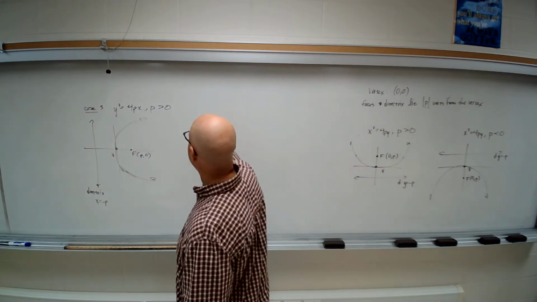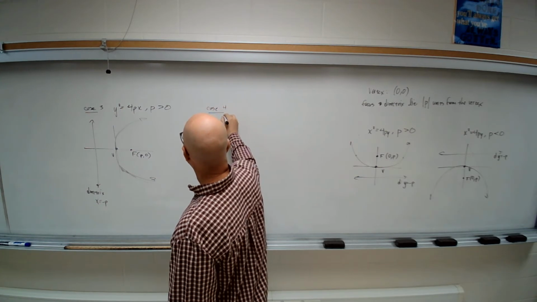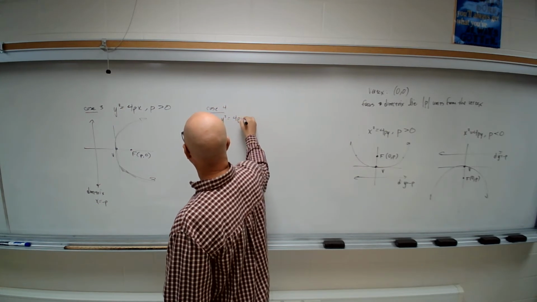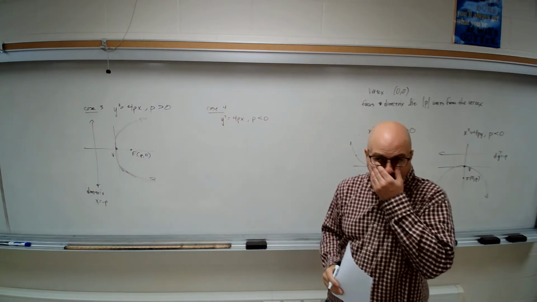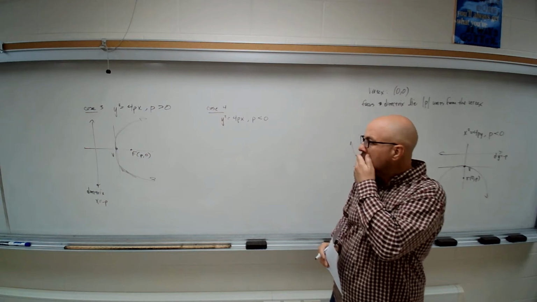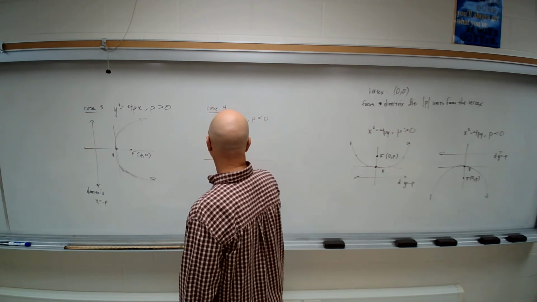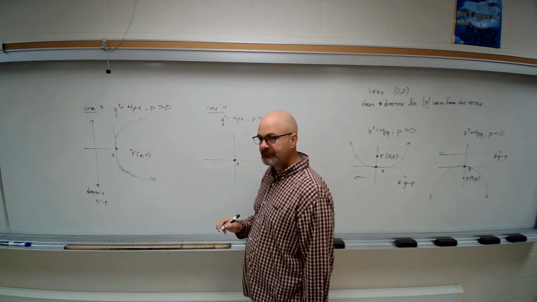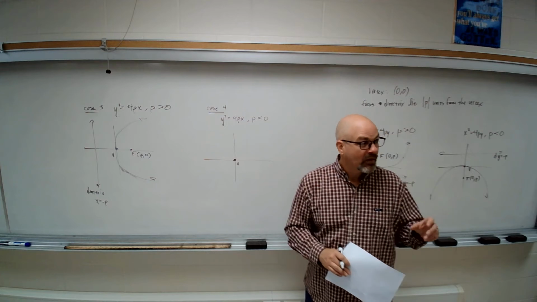And then our fourth case is y squared equals 4px, p is less than 0. So again, our vertex would be at the origin, right? And we know that because there's no h's or k's. It's not y plus 2 squared.